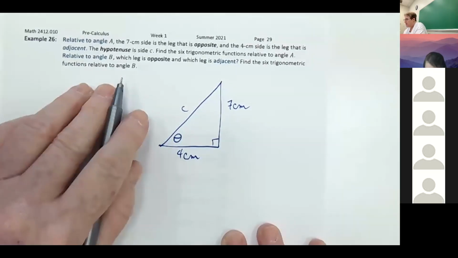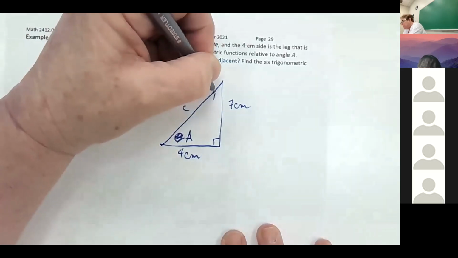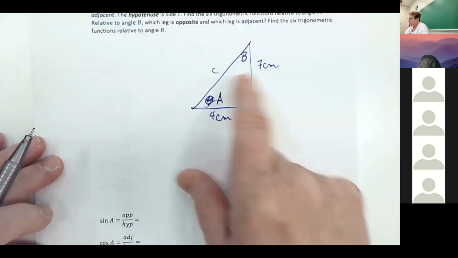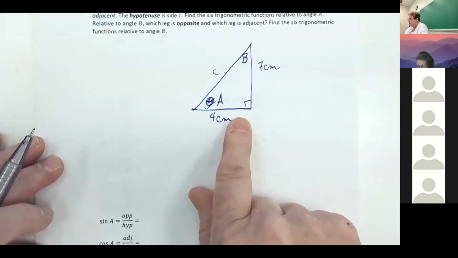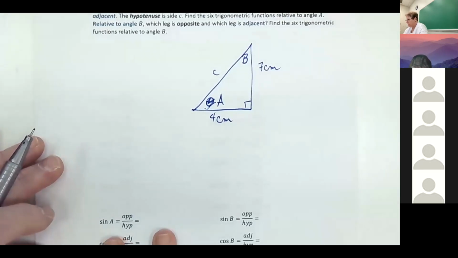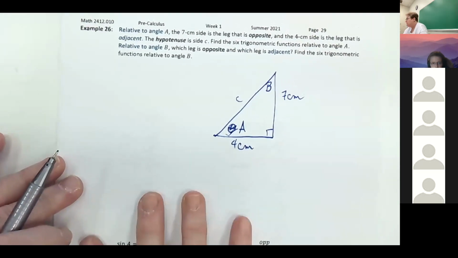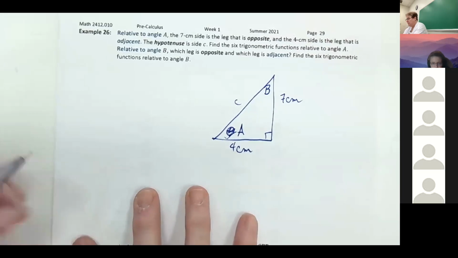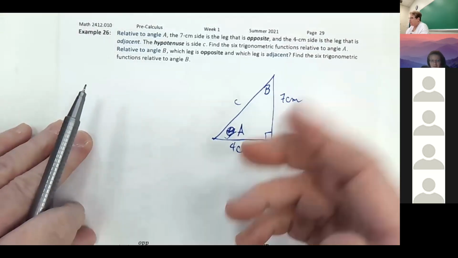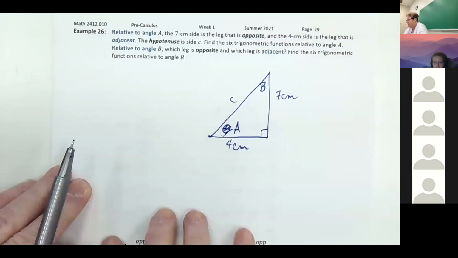Oh, and this is supposed to be angle A, and then the angle B. Okay, so how can we find C if we know the base and the height? Use tangent. Yeah, we could use tangent, but you're ahead of us. First, we just need to find the hypotenuse.